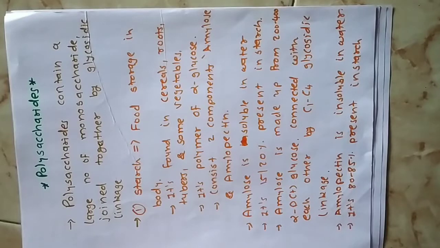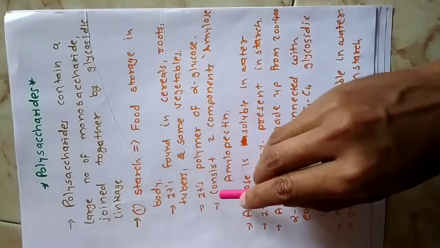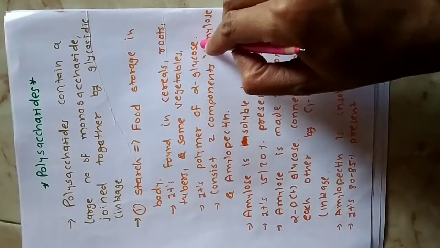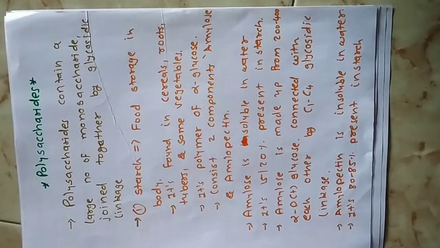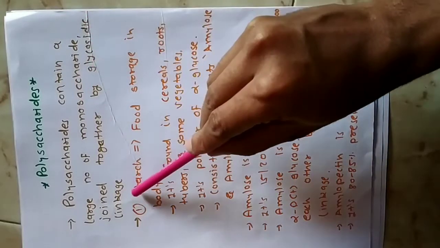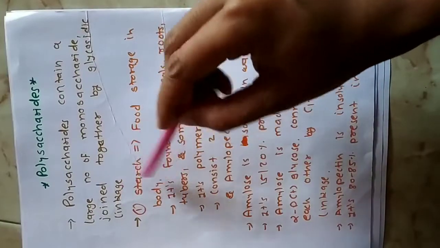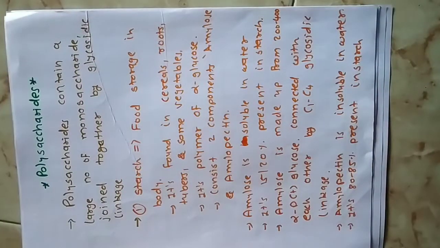Now, you must have heard about starch. It is the main food storage in any living body. It is found in cereals, roots, some vegetables, etc. It is a polymer of alpha glucose, meaning a number of alpha glucose units connected with each other by glycosidic linkage to make the starch structure.